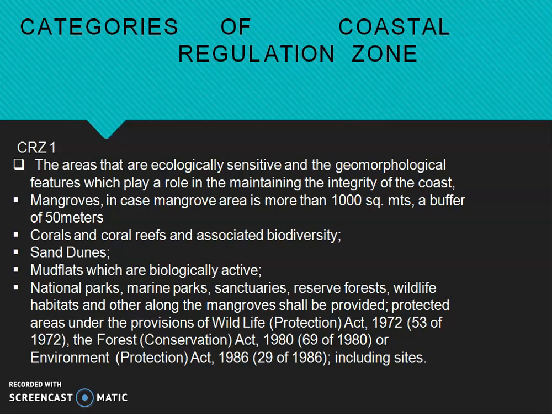So what are the different categories of coastal regulation zone? First is CRZ1: the areas that are ecologically sensitive and geomorphological features which play a role in maintaining the integrity of the coast.